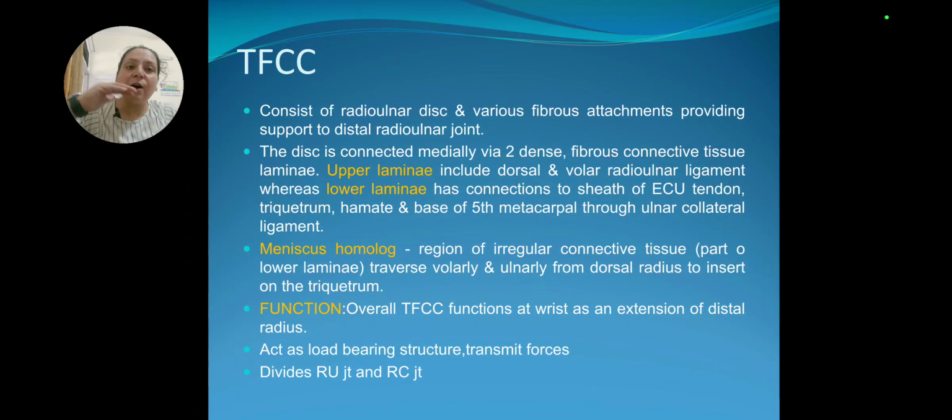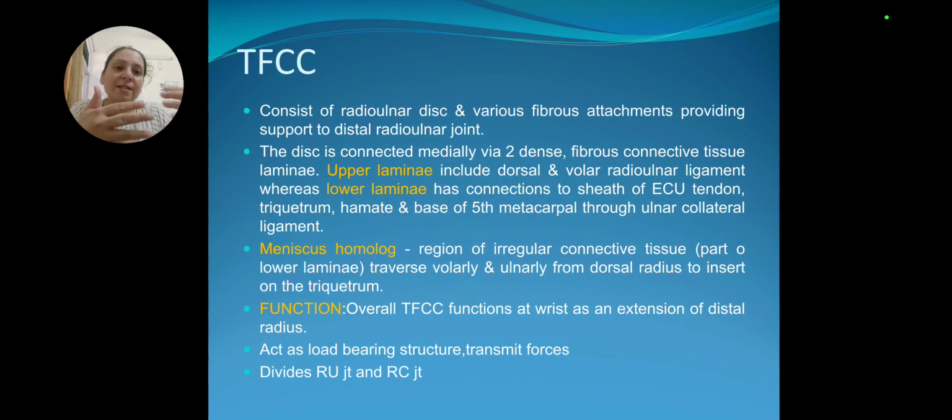The upper lamina has the dorsal and the volar radio-ulnar ligaments attached to it, whereas the lower lamina is a thin sheath. The lower lamina is attached to the extensor carpi ulnaris tendon, the triquetrum, the hamate, and the fifth metacarpal bone, along with the ulnar collateral ligament.